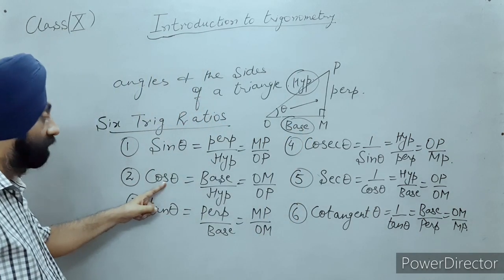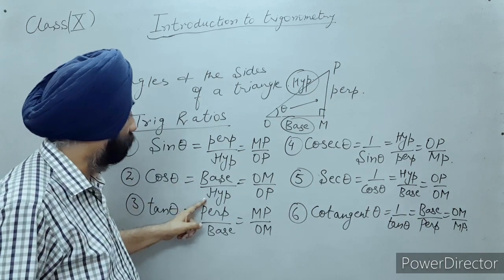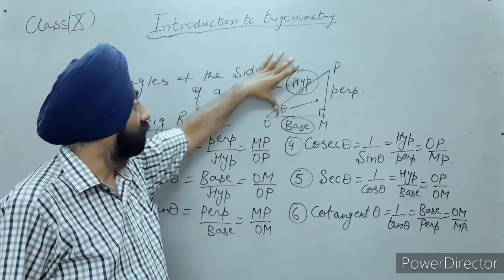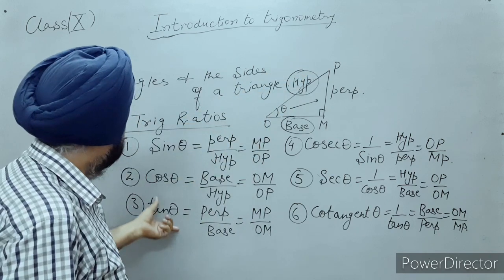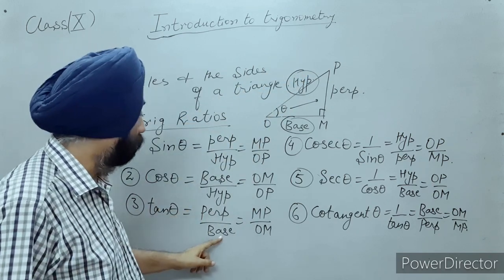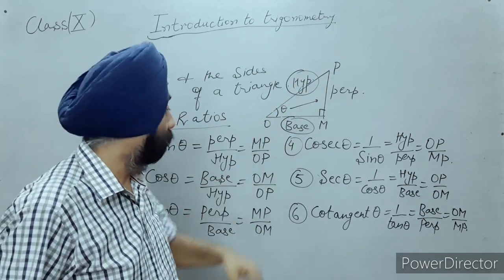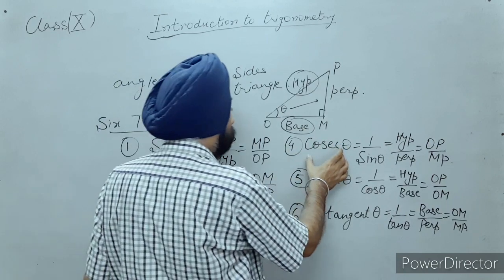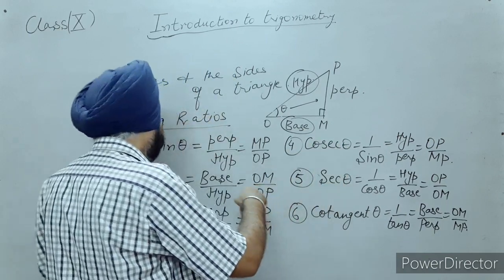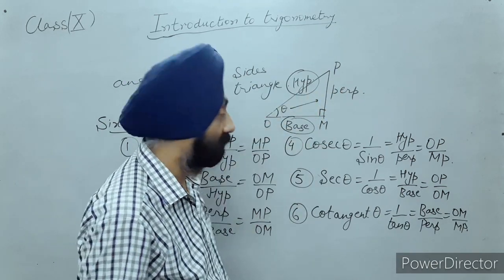Now cos theta, the full form is cosine theta. It's base upon hypotenuse. Base is OM, hypotenuse is OP. Tan theta, or tangent theta, is perpendicular upon base. Perpendicular is MP upon base OM. Now cosecant theta is the reciprocal of sin theta, so hypotenuse upon perpendicular.